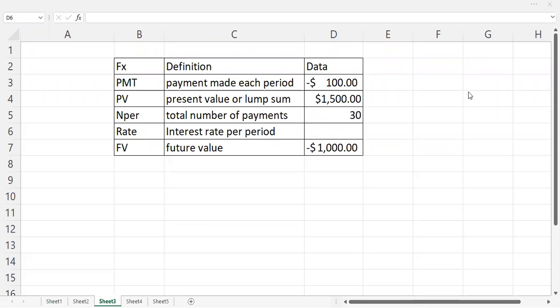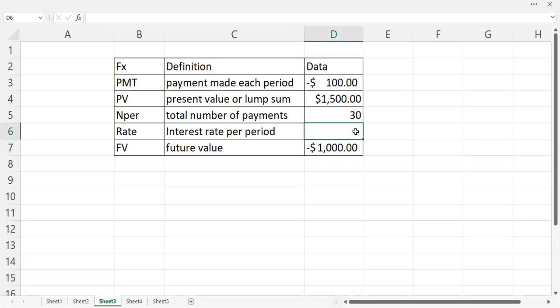So on your spreadsheet, enter $100 as your payment, which is your annual coupon of 10% multiplied by your FV of 1,000. You can input this as negative 100 to indicate that this is a negative cash flow. Your present value is 1,500. Total number of payments is 30, and your future value is 1,000.